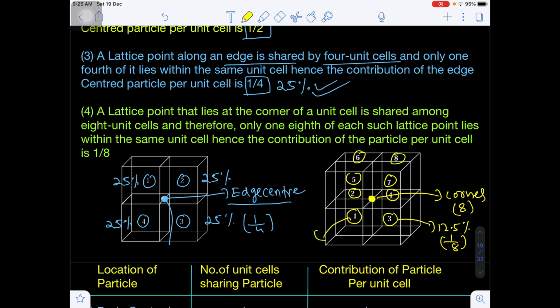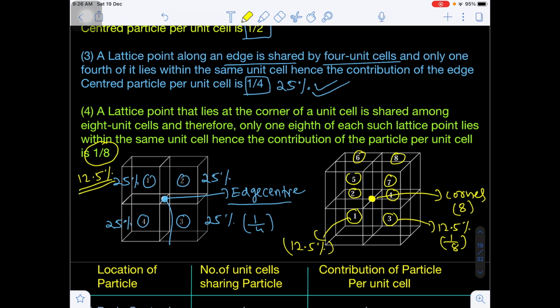So the particle located at the corner of a unit cell is shared by 8 unit cells, which means per unit cell its contribution will be only 12.5%.